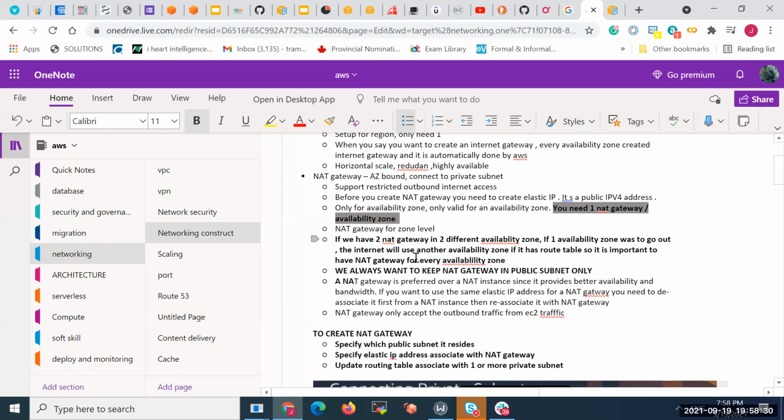The important reason we have the NAT gateway per availability zone instead of regional is this: if we have a gateway in two different availability zones, and I'm talking about the public subnet only, and one availability zone goes out, the internet traffic will use the other availability zone if it has the route table.